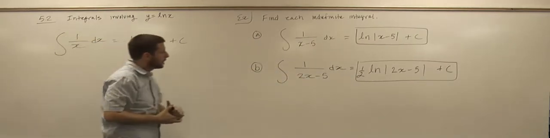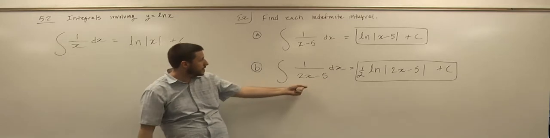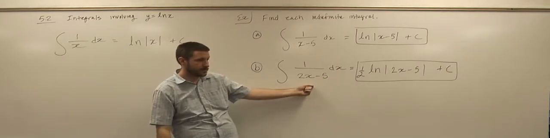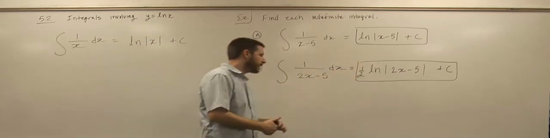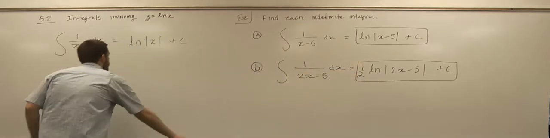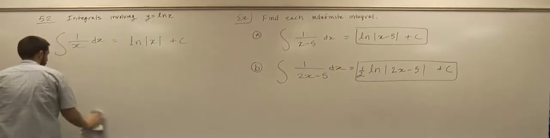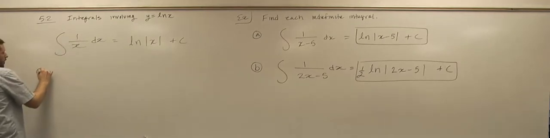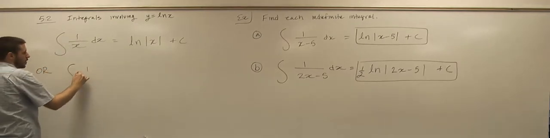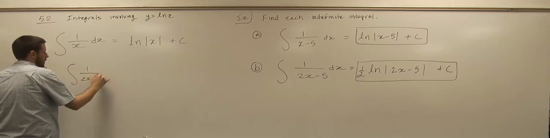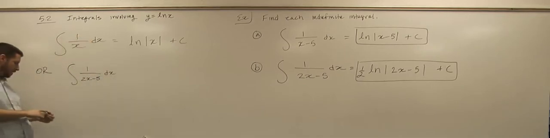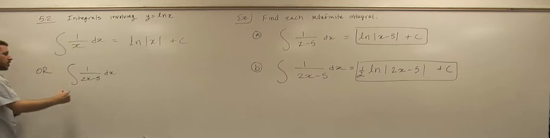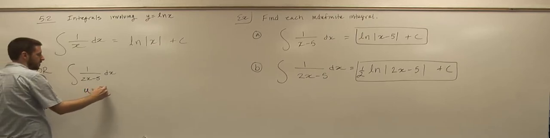Well, this is technically a u substitution. If you don't really understand where this 1/2 came from, then you would have to do this integral using u substitution. Because it doesn't fit this format exactly, you change it using u equal to 2x minus 5.